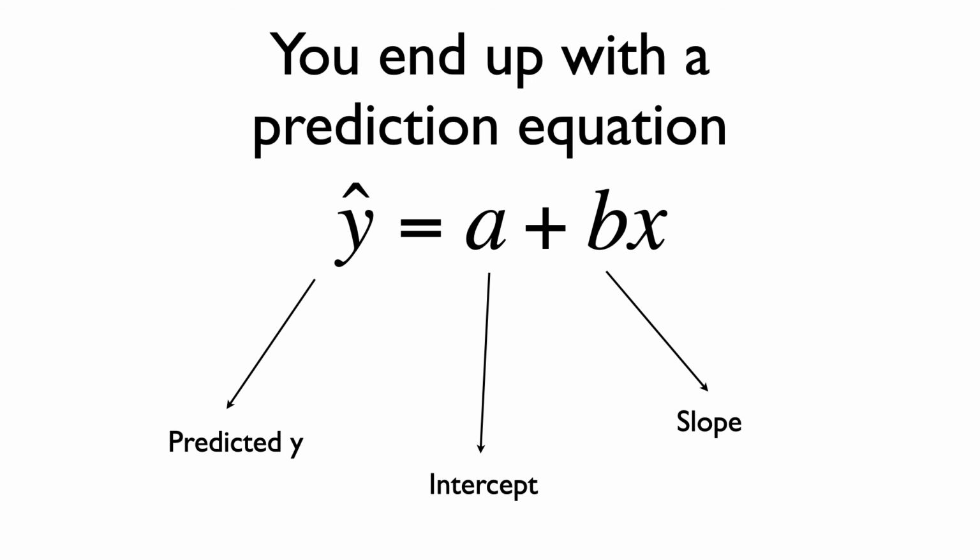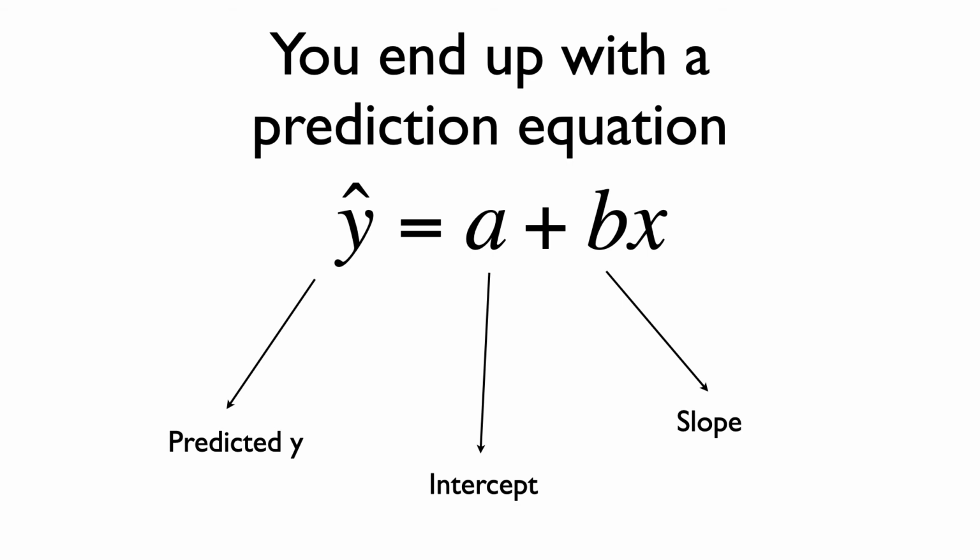Now, another way you'll see this written is instead y hat equals b sub 0 plus b sub 1 x, or x1. And that's a more general way to talk about this. Usually, if you're only talking about simple linear regression, which is what this is, you often will see y hat equals a plus bx.